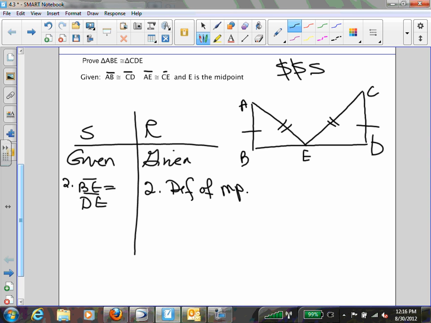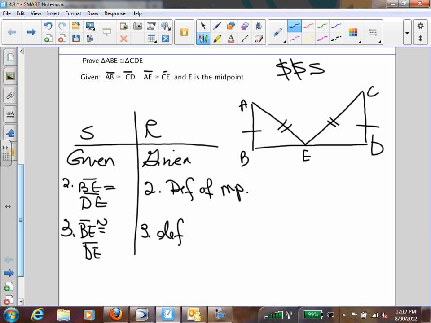Okay? But remember, I need 3 equality statements, and I don't have 3 yet. So how would I still need to get that third one? What is that third one, Natalie? So we say segment BE is congruent to segment DE. And the definition of that is?